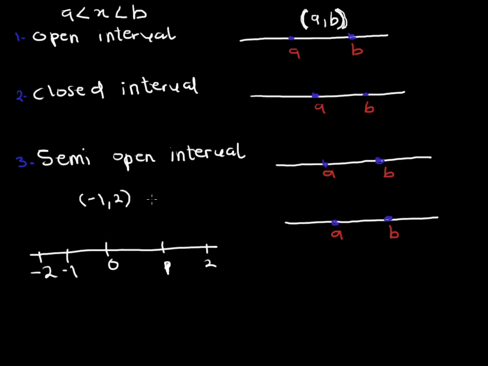Which can also be expressed as -1 < x < 2. What we've written simply means that you are taking values going this way, and also this way.